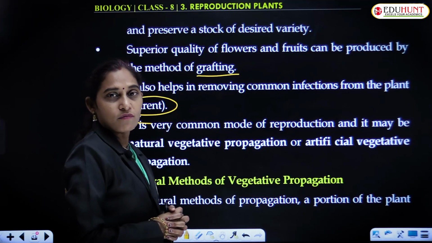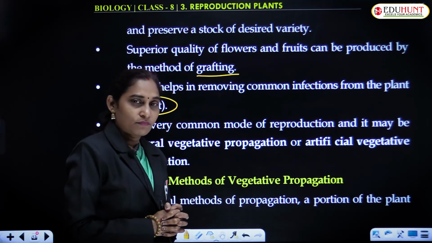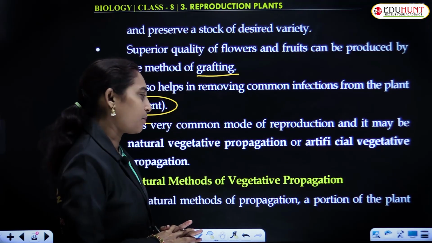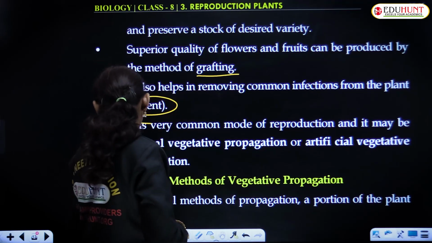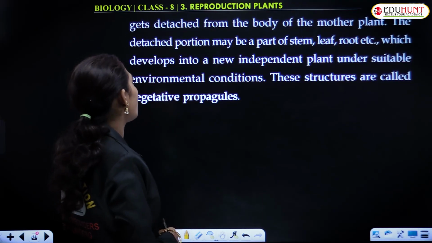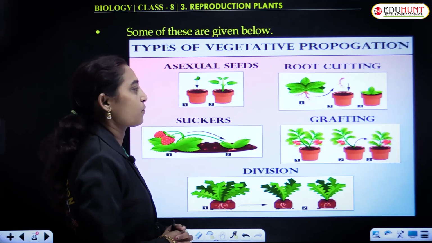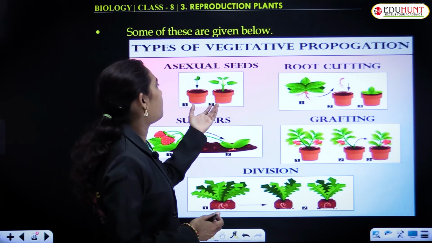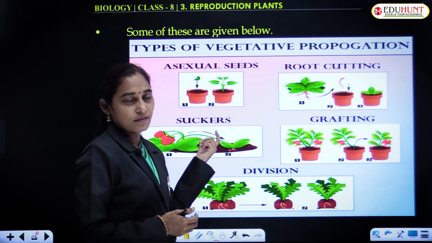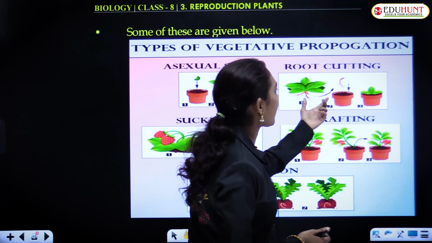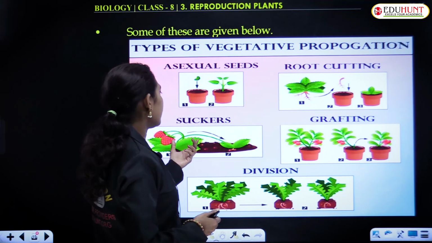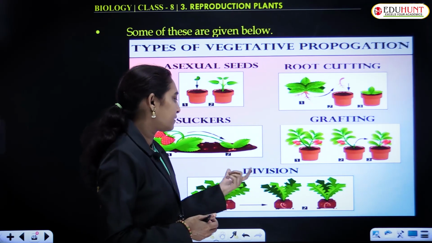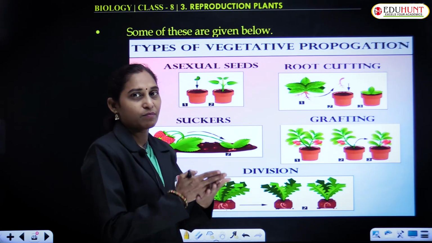Natural methods of vegetative propagation. These are the natural ways through which plants reproduce vegetatively, and there are several modes of vegetative reproduction. Types of vegetative reproduction: by asexual seeds and root cuttings. Third is suckers, grafting, division, that is fragmentation.